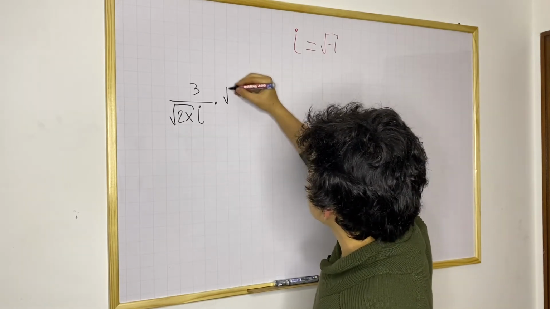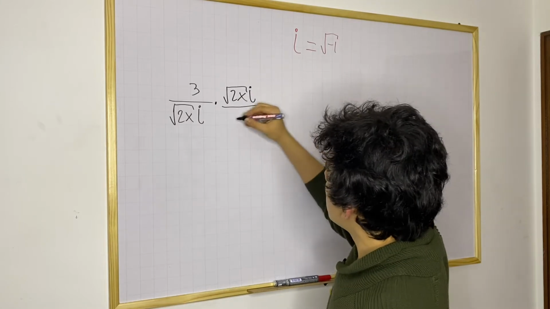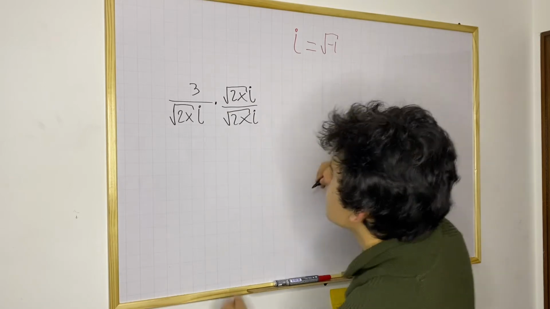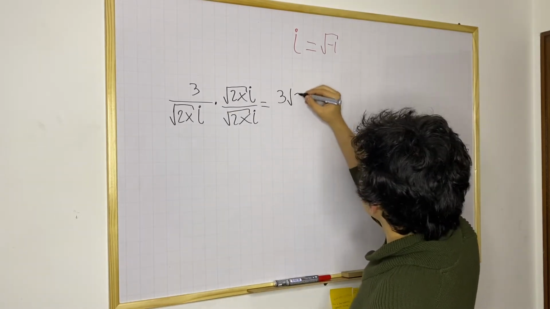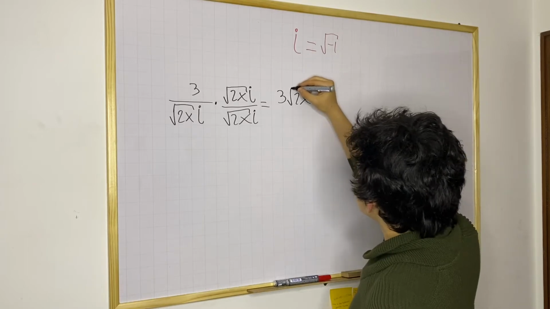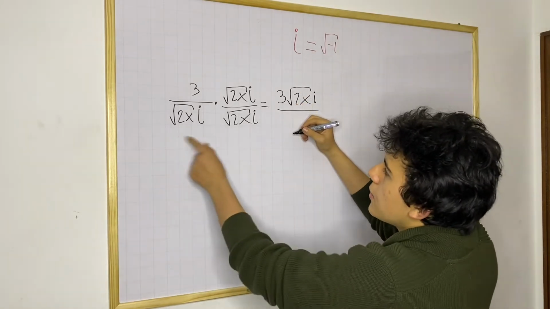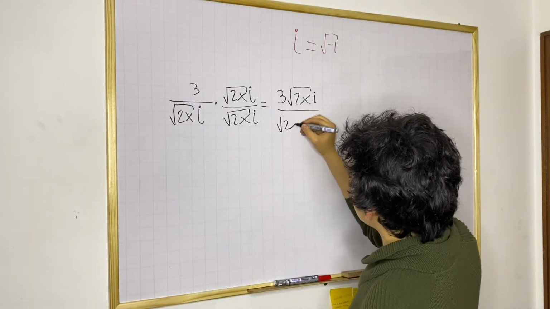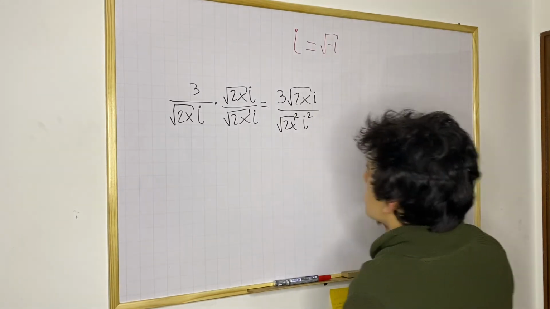So we would have the square root of 2x times i over the square root of 2x times i. Now let's distribute. This would give us 3 times the square root of 2x times i outside the radical. And in the denominator we would get the square root of 2x squared times i squared.